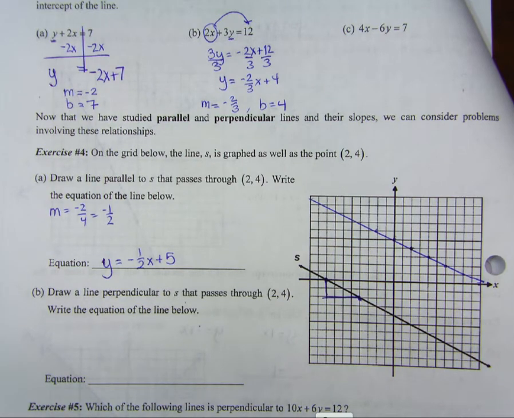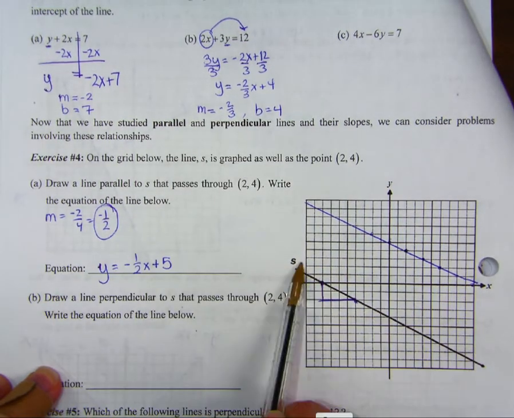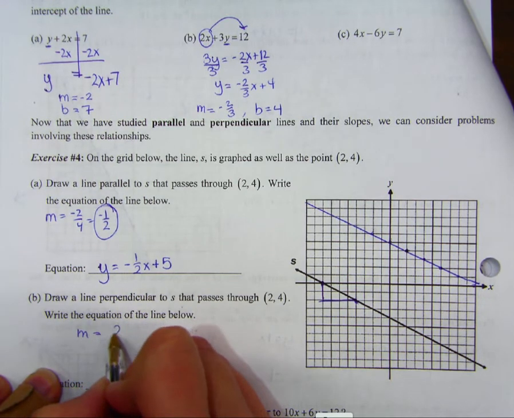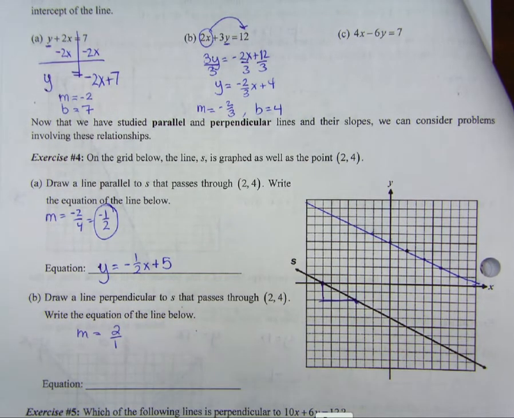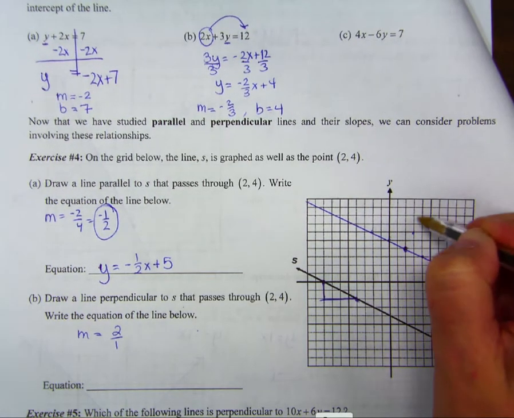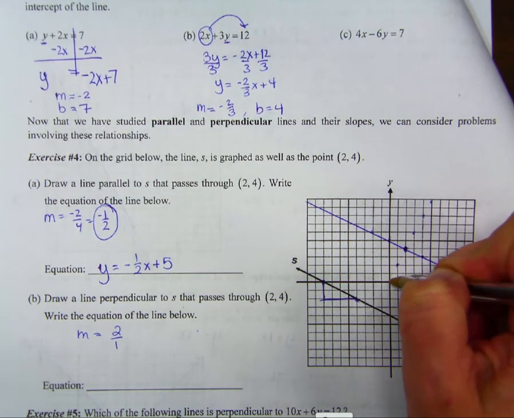Now, if I want to come up with a line perpendicular that goes through that same point, if the slope of this line is -1/2, the slope of my new line has to be a positive 2 over 1. So from that same starting point, (2, 4), I'm now going to travel up 2 units over 1, and I could also work it backwards, down 2 units and back 1.